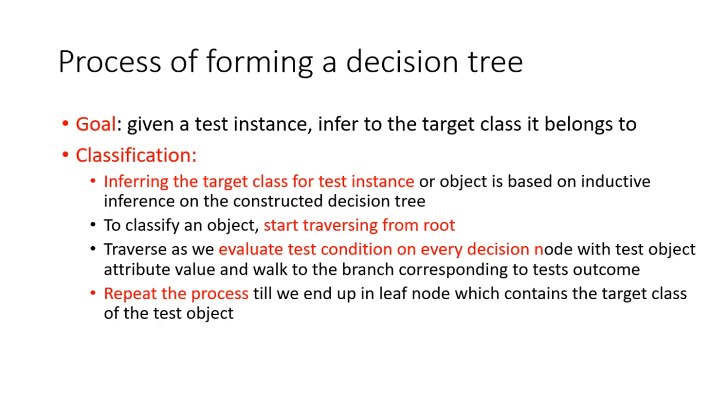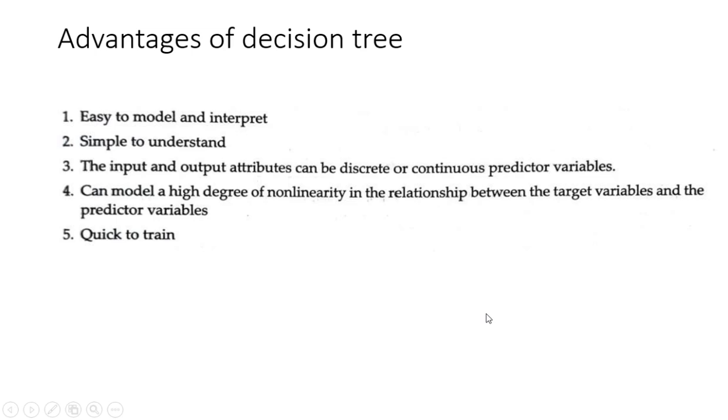First establish your root node, and then at every decision you need to check how we are going to do the branching, and this process will repeat until we reach the leaf node, after which you cannot do any more splitting. That would be the end of your node. The output of your decision tree would be a target label for your test instance. When you give a test data set to this decision tree, you should be able to classify which class this test data belongs to.